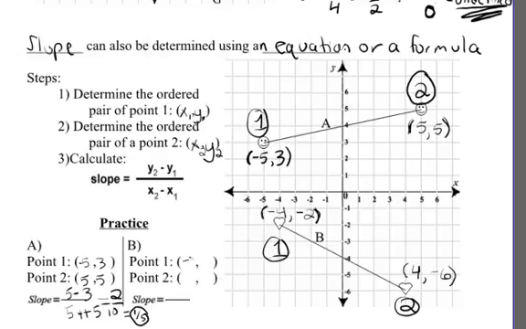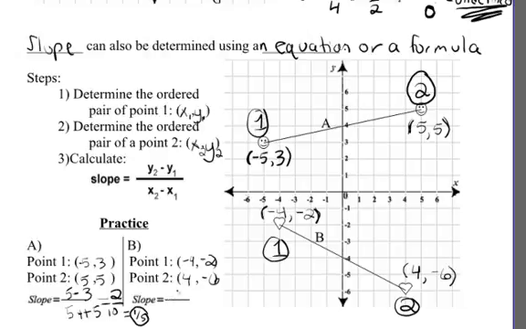Okay, so -4, -2 for our first point, and 4, -6 for our second point.